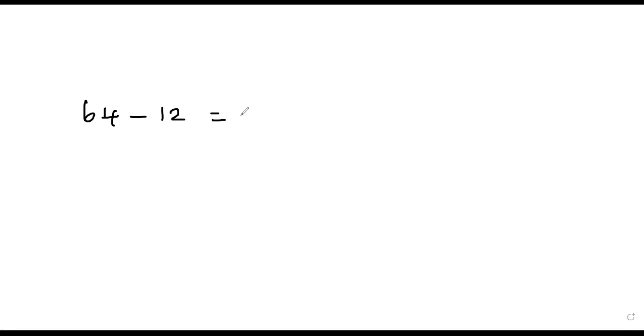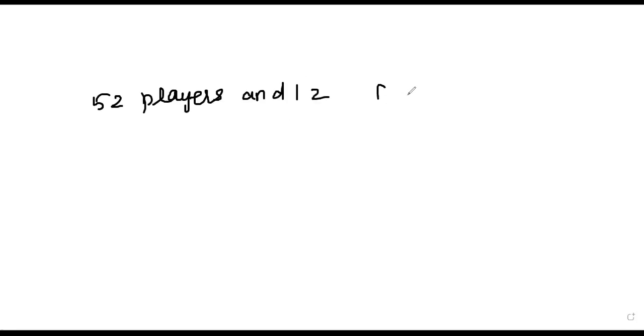They are going to play as a team, not with these 64 people. So you will subtract it from here. You will have 52. So it's going to be 52 players and 12 friends. These 12 friends are going to play with each other.